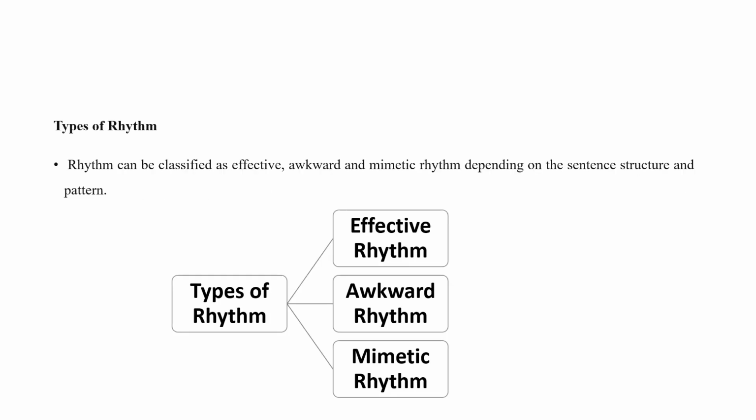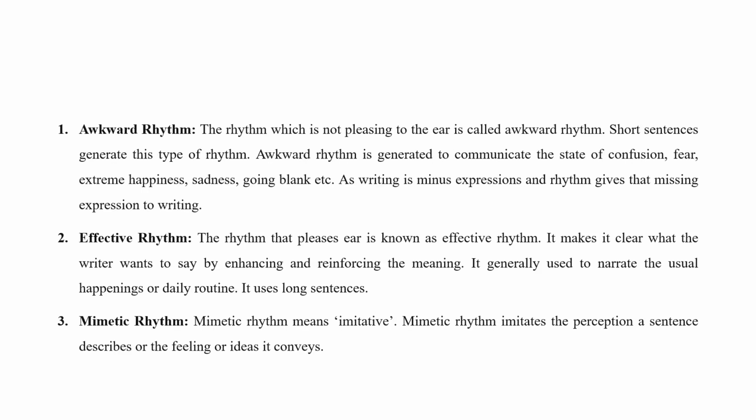Types of rhythm. Rhythm can be classified as effective rhythm, awkward rhythm, and mimetic rhythm, depending upon sentence structure and pattern. Let's look at awkward rhythm. The rhythm which is not pleasing to the ear is called awkward rhythm.